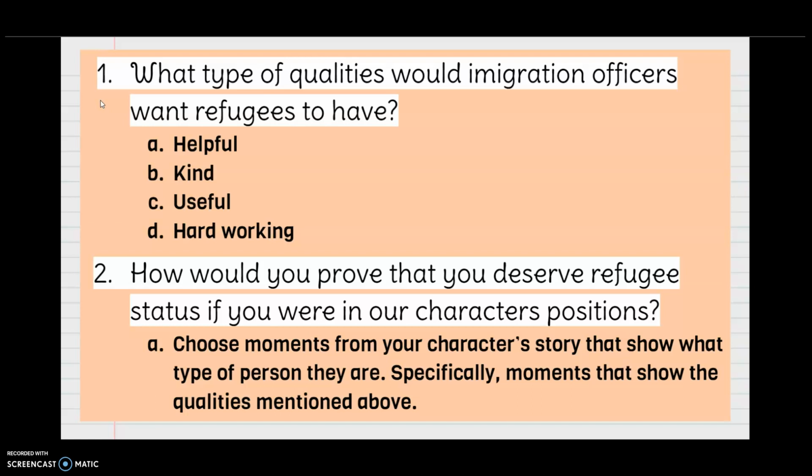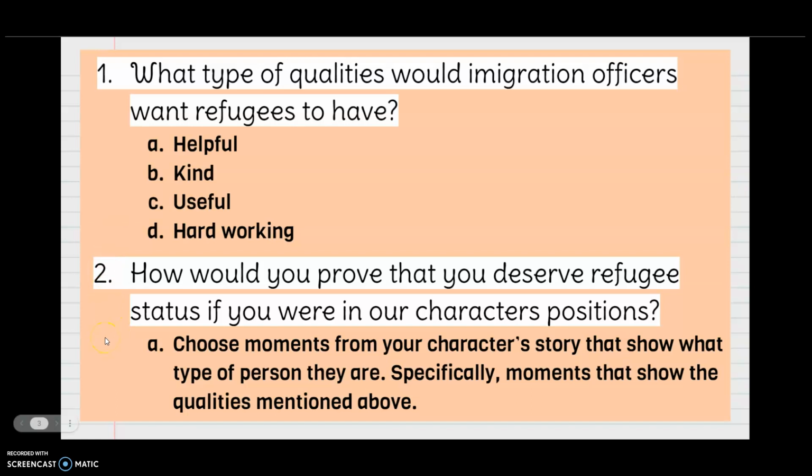You get to choose the character of your choice. They would probably want them to be helpful, kind, useful, and hardworking. Those are just a few examples, and you can come up with other ones.